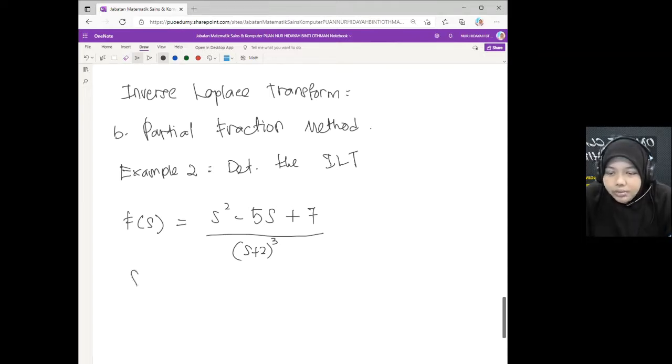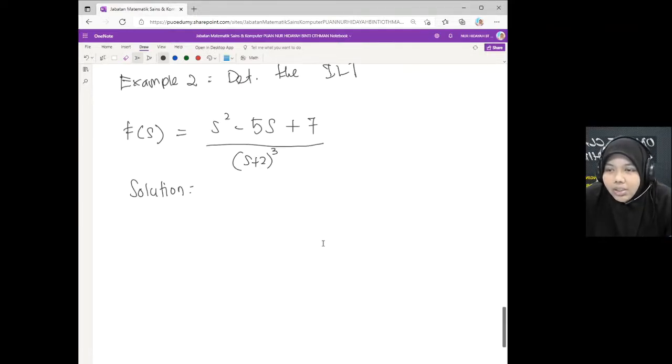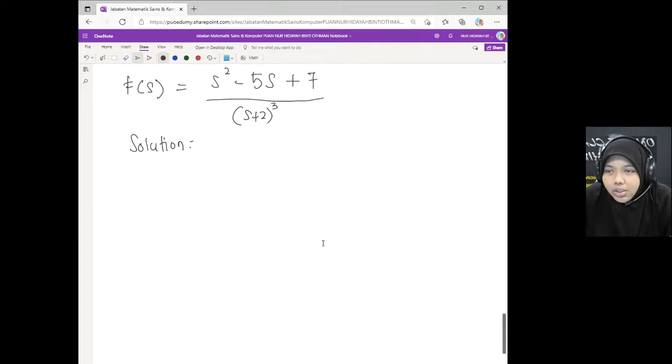Okay, solution. When we want to solve this equation, first of all we must look at the denominator. At the denominator here, actually this is the form of factorize, di mana dia sebenarnya macam inilah, s plus 2 to the power of 3. Actually it is s plus 2 times s plus 2 times s plus 2.